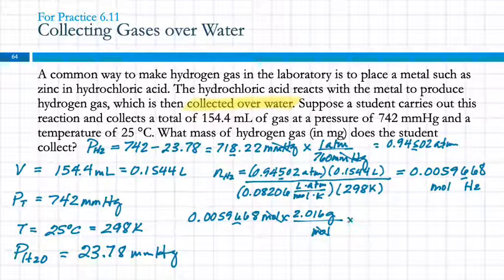And then it wants milligrams. So multiply by milligrams, divide by grams, so those units cancel out. Milli stands for 10 to the minus 3. I have 1 milli on top, and I have 1 10 to the minus 3 on the bottom. So 11.9 milligrams of hydrogen.